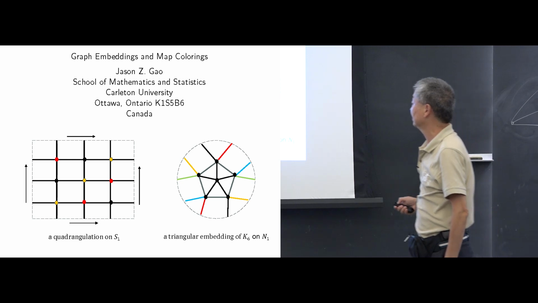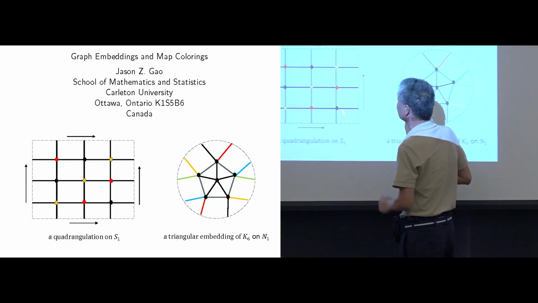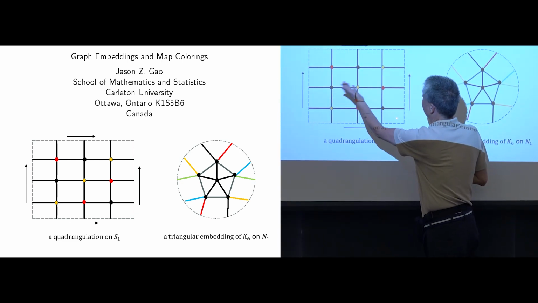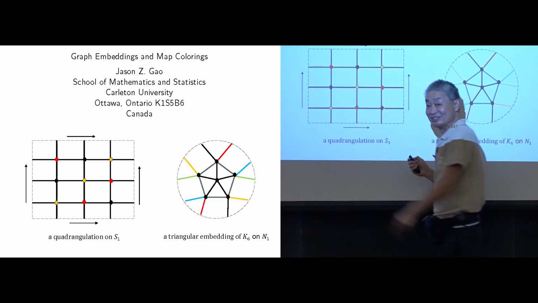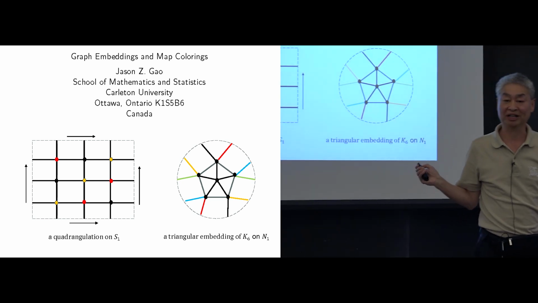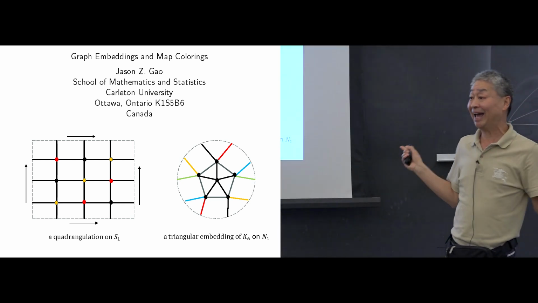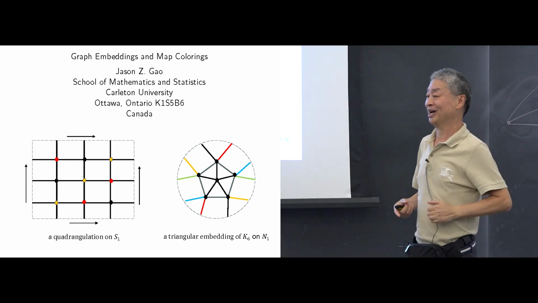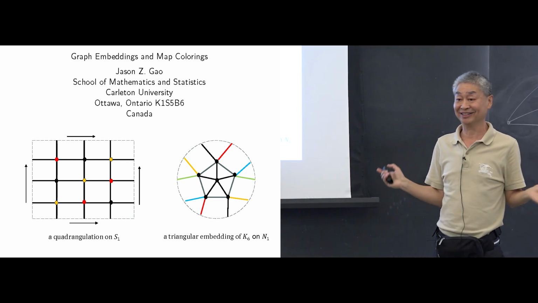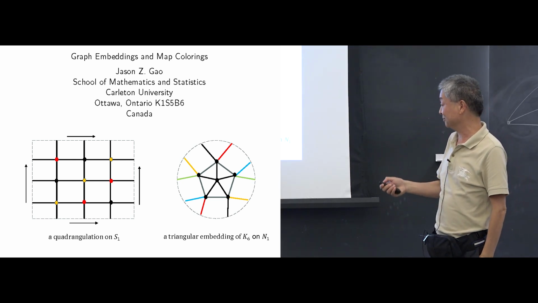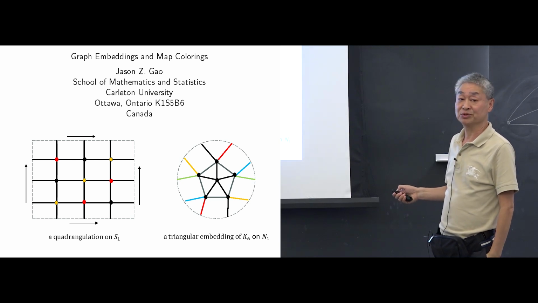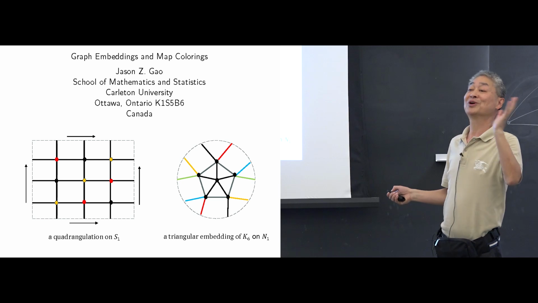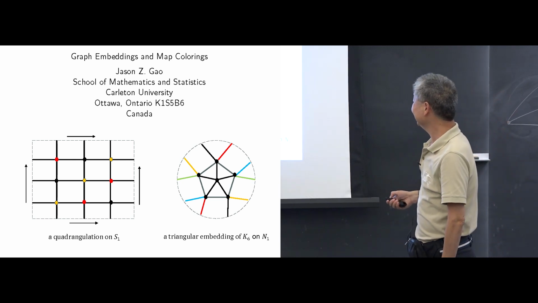Let me mention here in this example, since we're on this slide, that this graph actually has a cycle of length 3 this way, okay? So this is not bipartite, it has chromatic number 3. But on the plane, of course, we know every quadrangulation is bipartite. But once you get onto the surfaces, you can have quadrangulations which require 3 colors or even more colors, okay?